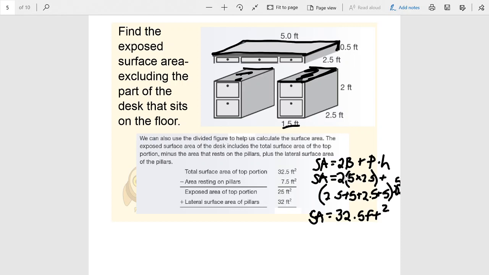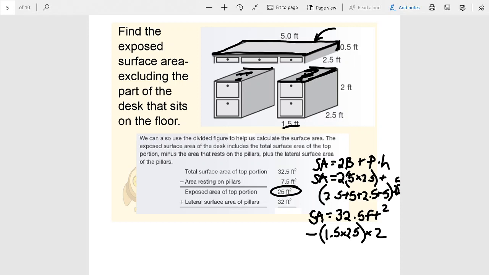Okay, so we're going to subtract this 1.5 times 2.5, and we have 2 of those since we have 1 pillar and a second pillar. Okay, that's all to get the area of just this top piece, meaning that we get an area of 25 feet squared for that top piece.